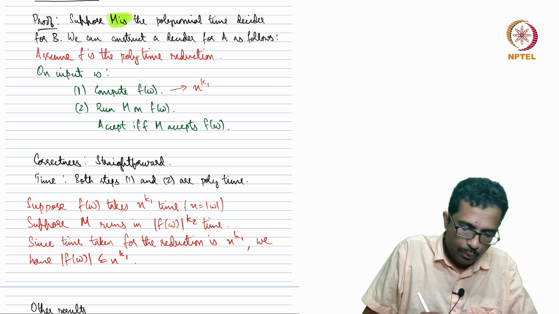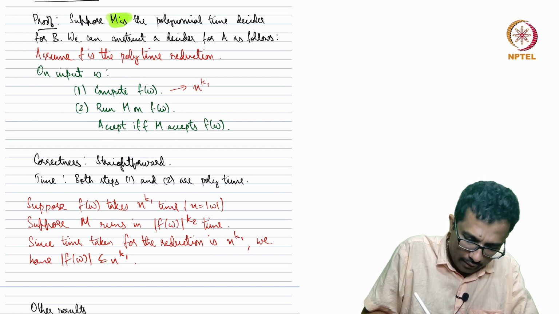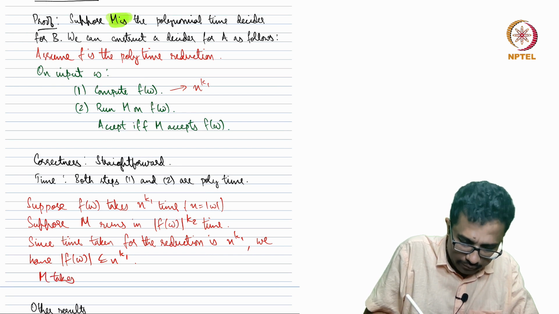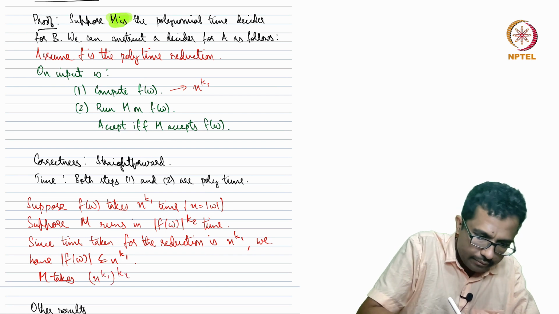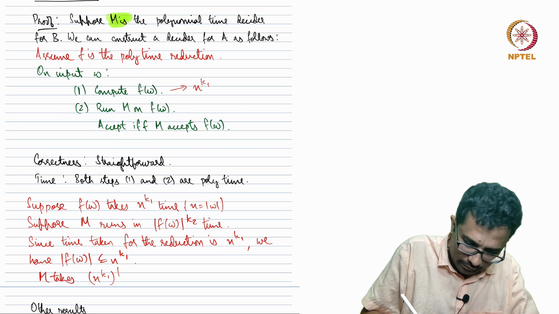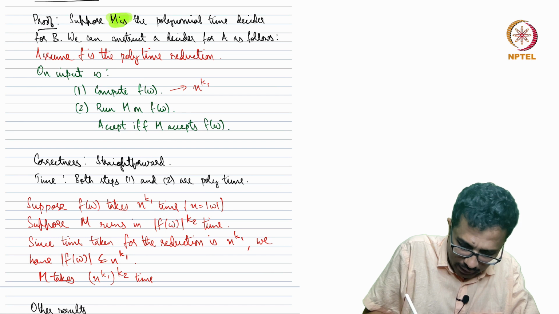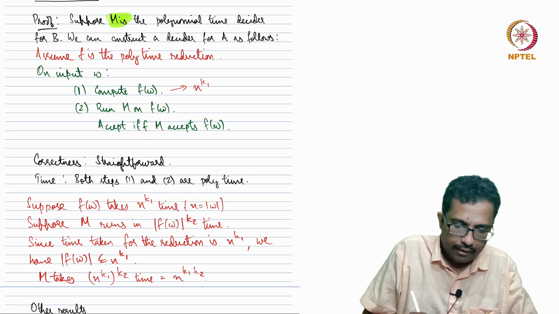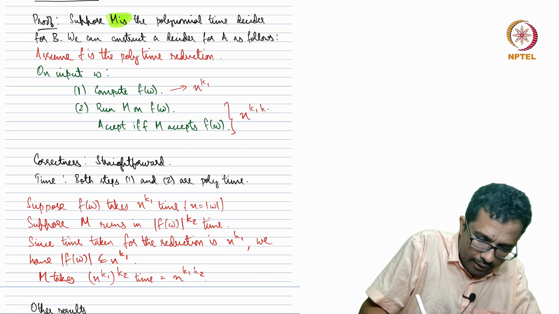Which means M takes n power k1 whole power k2 time, which is n power k1 k2. So this step takes n power k1 k2.